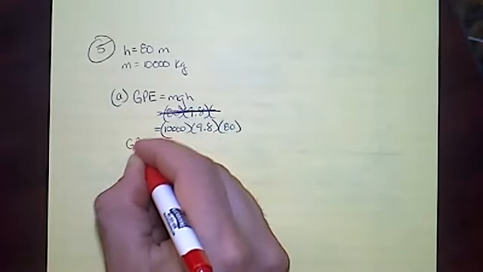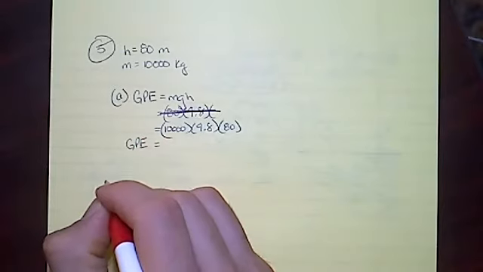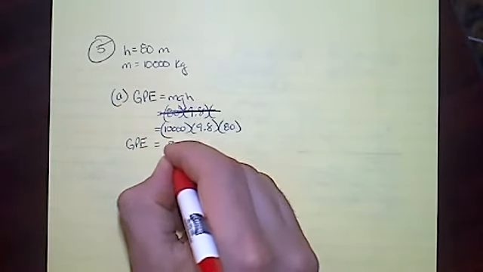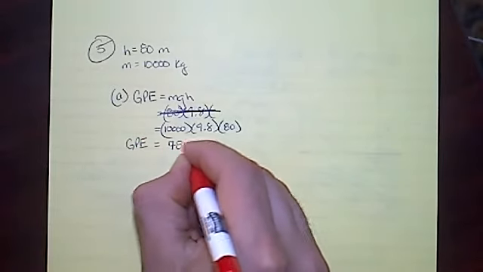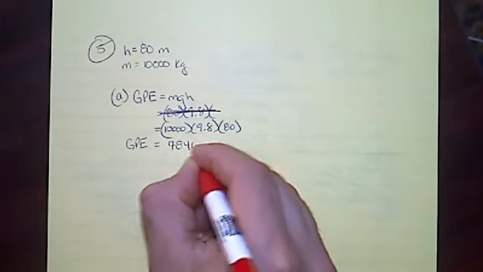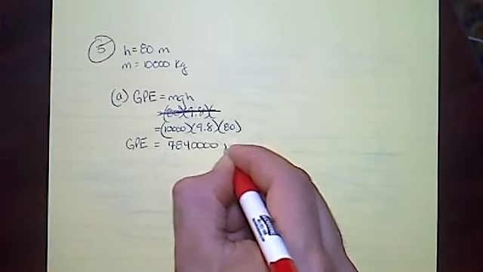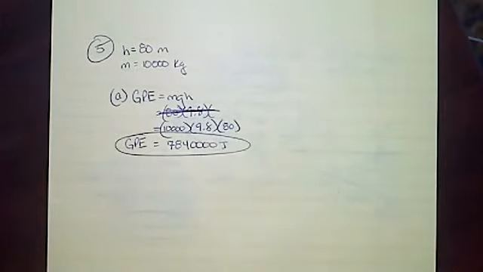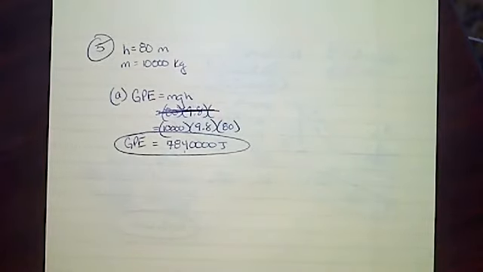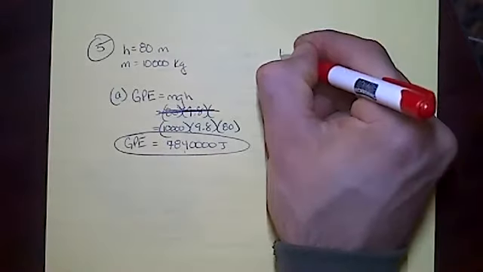So that means the GPE at the height of the first hill comes out to be 7,840,000 joules. Okay. Let's go on to B.